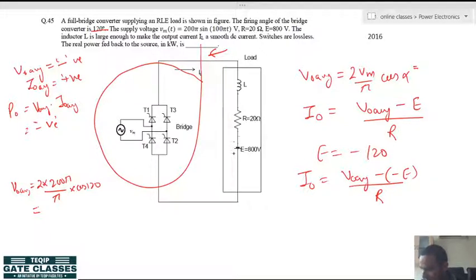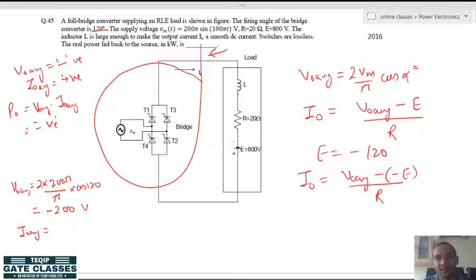Cos 120 into 400. So, it is minus 200 volts, and let us calculate the I naught average. Let us calculate this also.